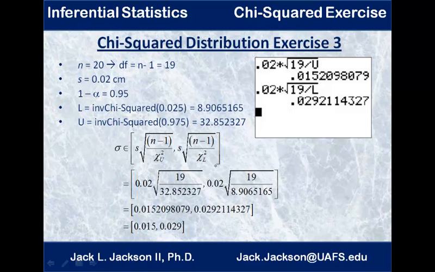Again, the chi-square lower goes for the right end, the chi-square upper goes for the left end, so these numbers, when they get done, should be the lower number on the left and the higher number on the right. And there it is, rounded off to approximately 0.015 to 0.029. Notice that our sample standard deviation of 0.02 is in that interval somewhere, although not exactly the average of the two ends.